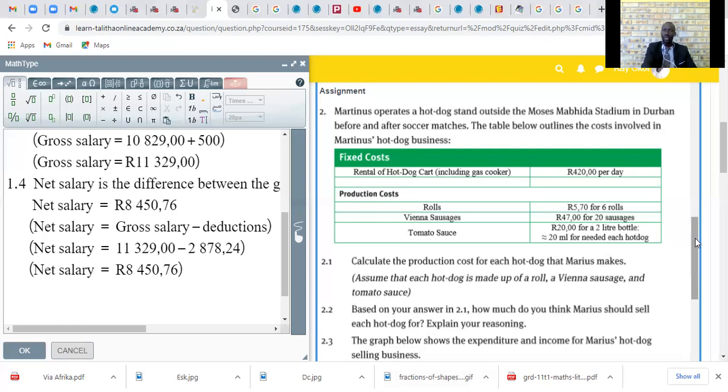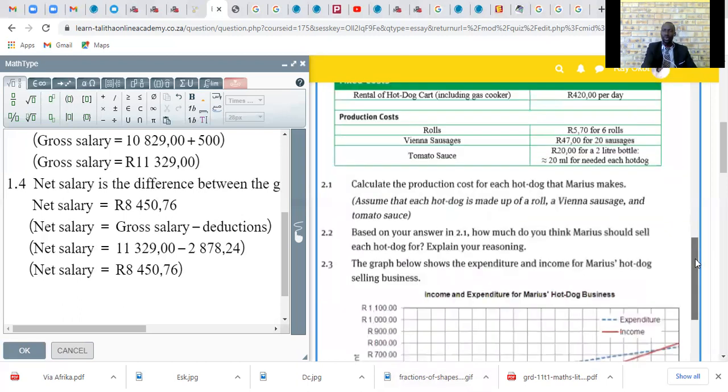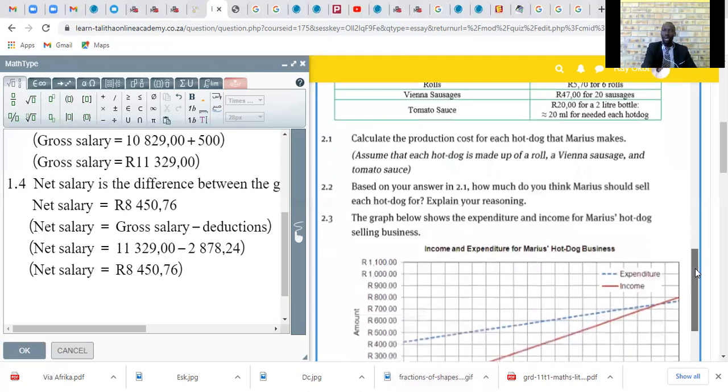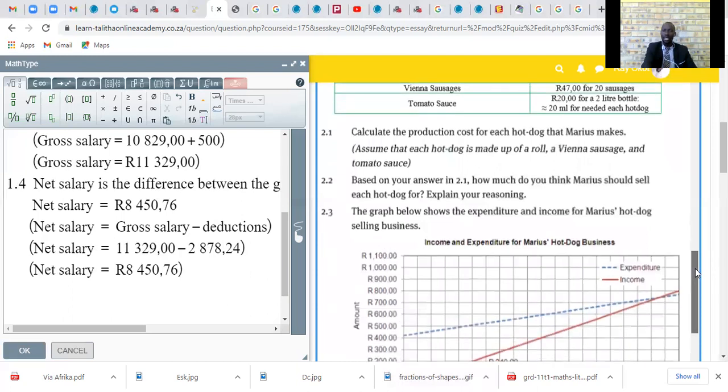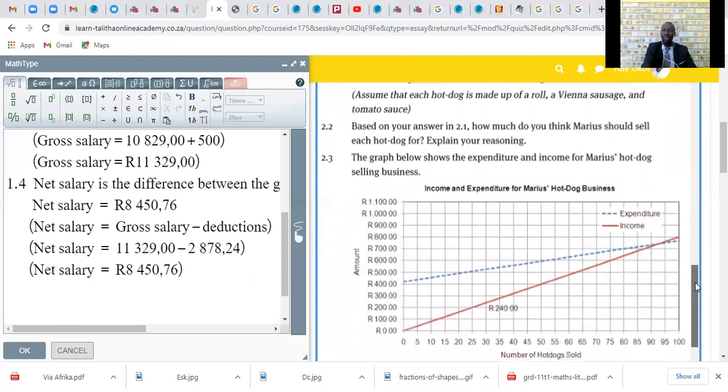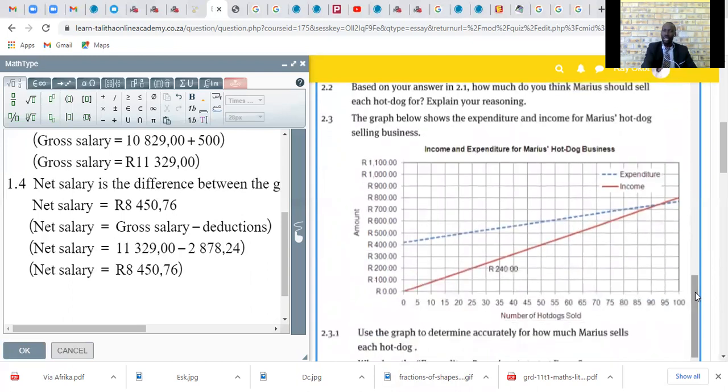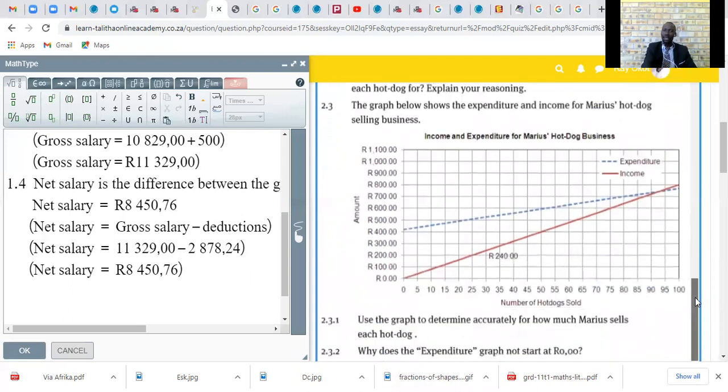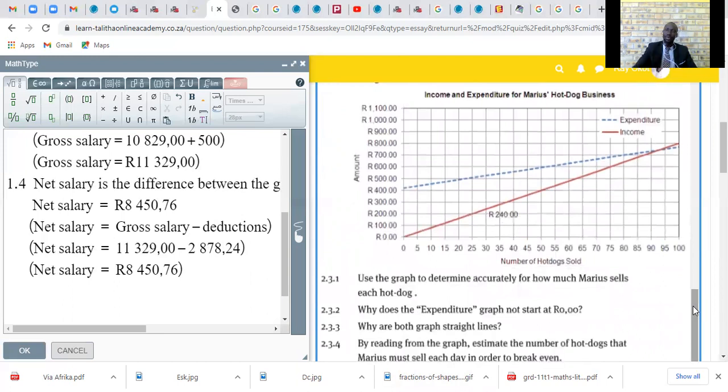So this is question 2, which you will go through and do. Then as you do it, you will also meet terms like expenditure or income. Expenditure purely means the money you spend. You know, maybe in paying rent, maybe in paying salary for your workers, maybe in paying electricity, like that.